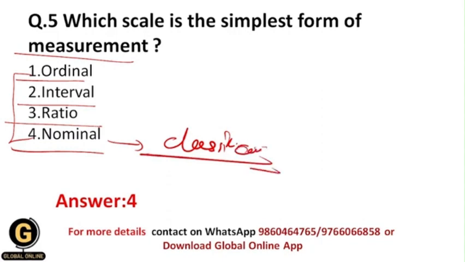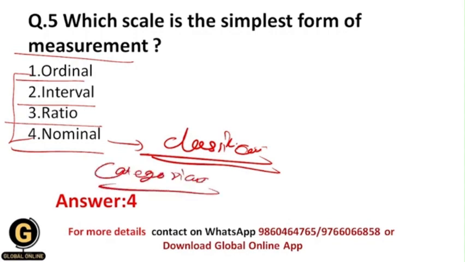You are only going to classify the data here. There is no numerical value you are going to give to the variables. Basically the variables here are categorical variables, and these kinds of variables can't be quantified. You can only classify them according to common characteristics, and that's why this is the simplest form of measurement.